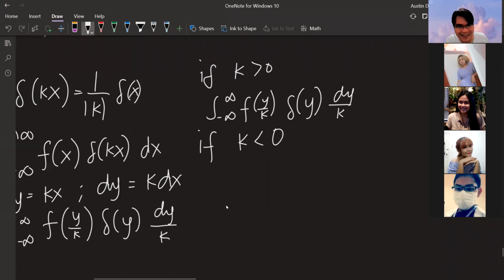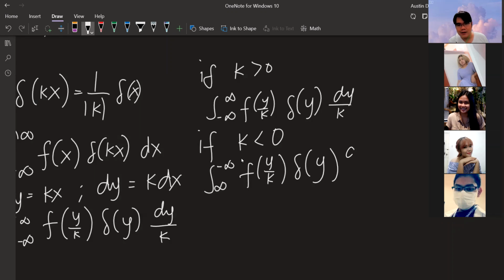Okay. So, balik tayo. If k less than 0, ang mangyayari ay negative, or balik tayo natin yung bounds para mas clear. This is f, y over k delta y dy, and let's write this down as negative the absolute value of k.